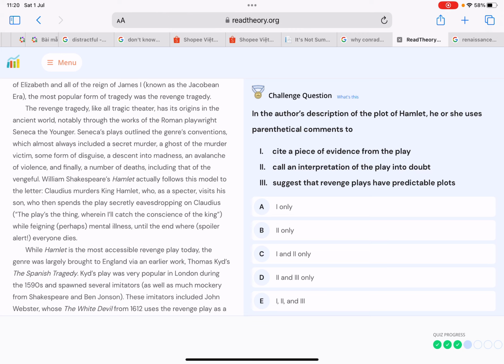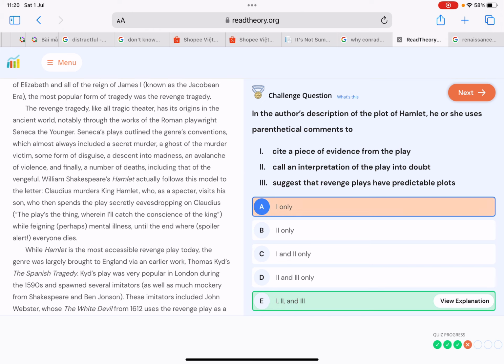Call an interpretation of the play into doubt. I think it's one. Is it one and two, or maybe one only? Yeah, I think it's one only.